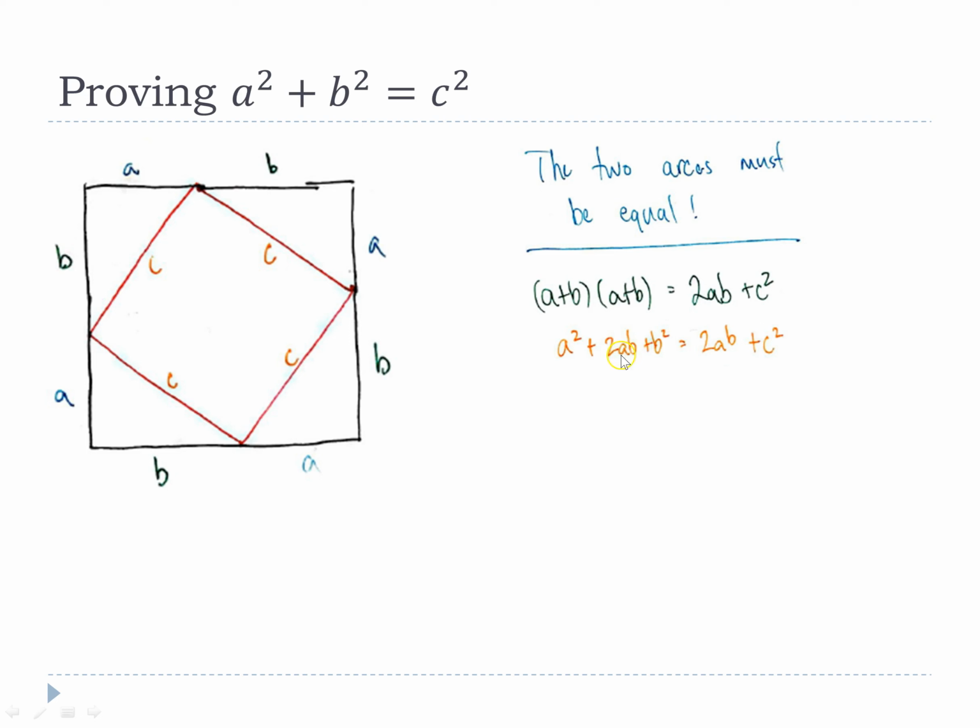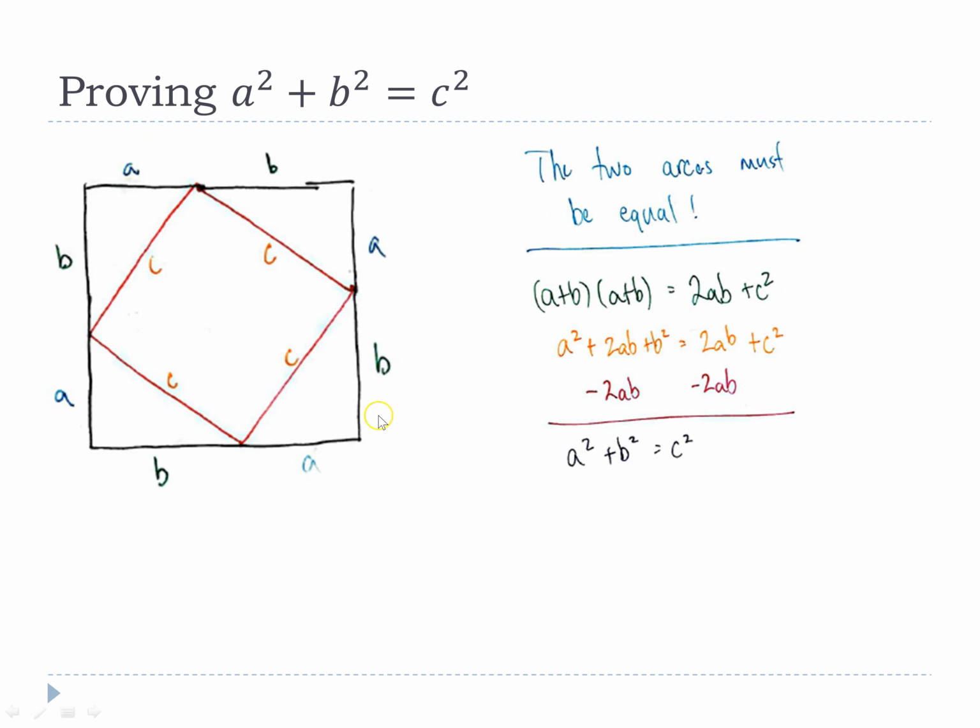Now, the sharp-eyed among you might see that I have a 2AB on each side. What I do to one side, I can always do to the other, so I'm going to subtract 2AB from each side. Let's make this look simpler. And I actually have a squared plus b squared is equal to c squared. So we have another way to look at the Pythagorean theorem.